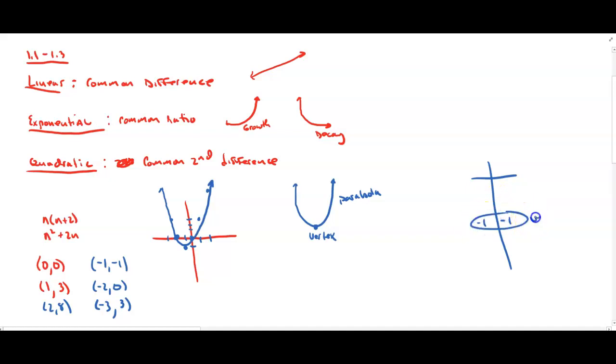This is your vertex, and if you look at 0, 0, then if we go negative 2, 0, and then you go 1, 3, and then you go negative 3, 3, what you'll see is what we call symmetry. If this is the vertex, these points are the same distance away from the vertex.